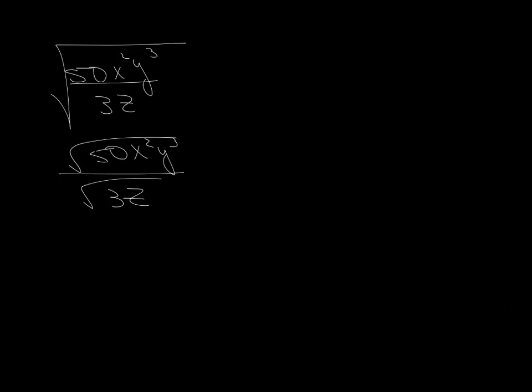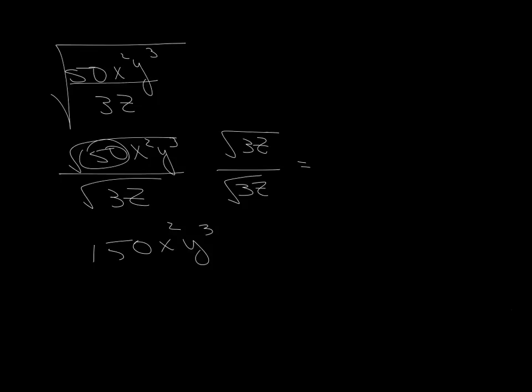Alright, so let's go ahead and simplify this. Well, let's go ahead and multiply top and bottom by the square root of 3z. When we have a square root, it makes it real easy, and we get the square root of 150 x squared y cubed z over 3z.